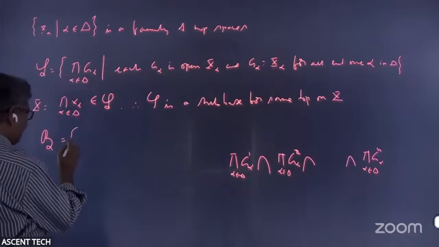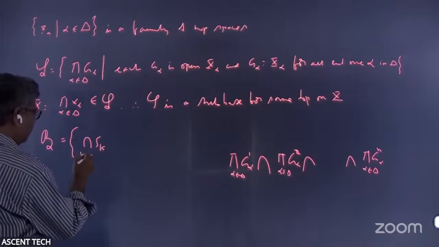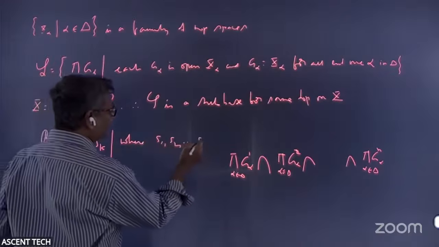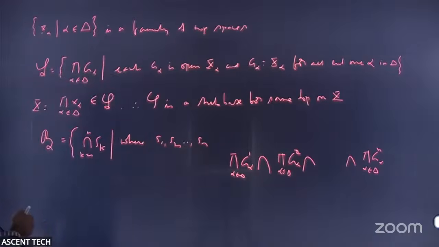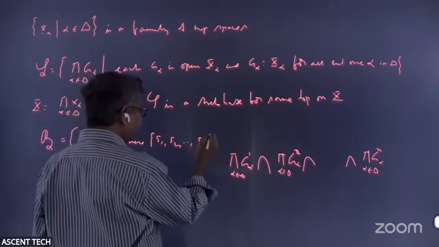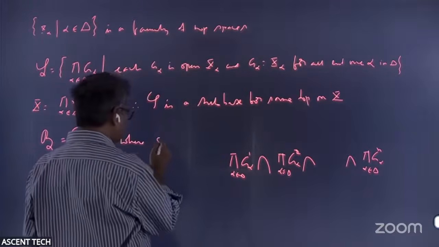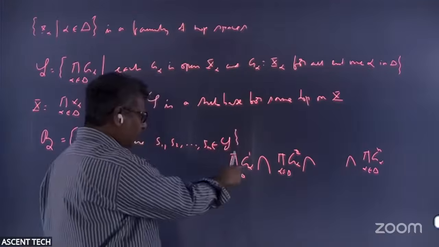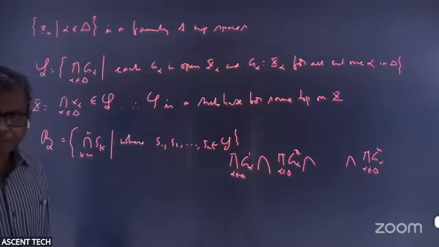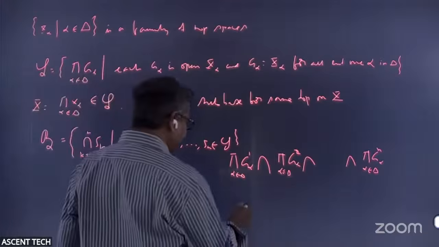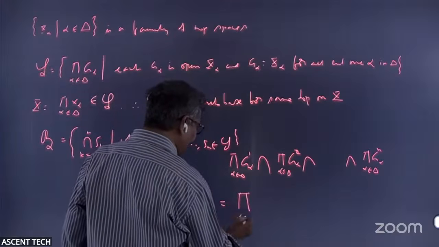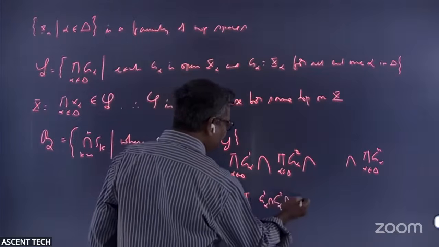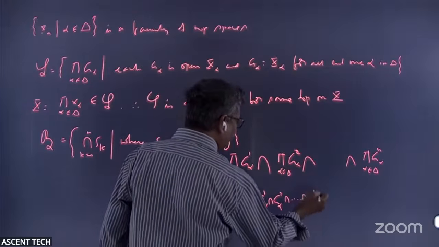B consists of the intersections of S_k, k equal to 1 to n, where S1, S2, etc., Sn are members of S, a finite subcollection of S. When you take S1, S2, etc., Sn and intersect them, it is very easy to see that this intersection is the product over alpha in delta of G alpha 1 intersection G alpha 2 intersection, etc., intersection G alpha n.